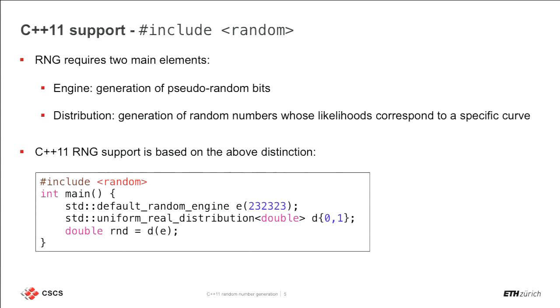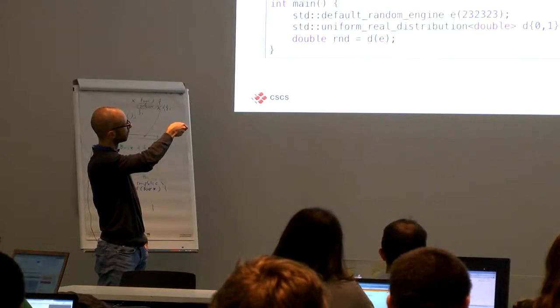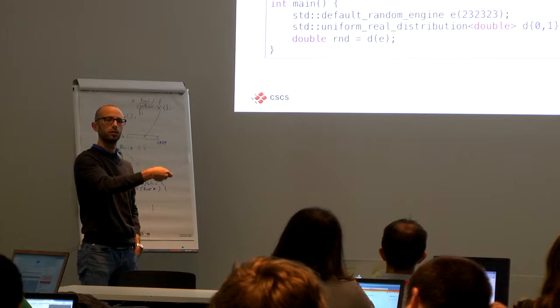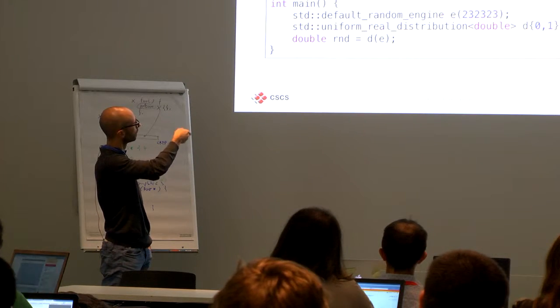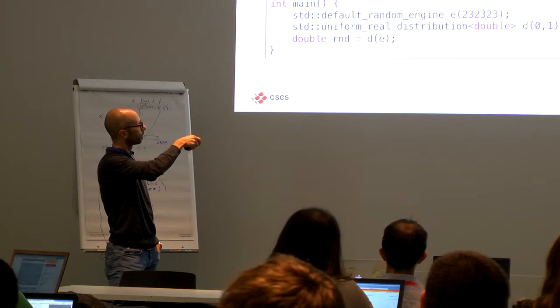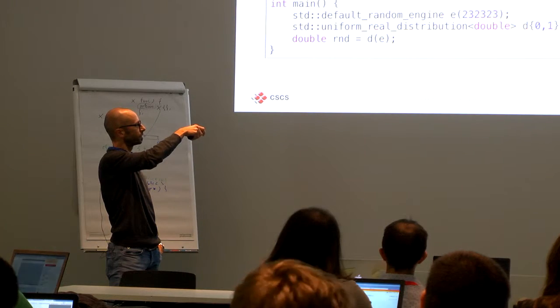If you want to translate the previous example using the new facilities provided by C++11, you will end up with something like this. You have, of course, to include the random header. Then you have to initialize a random engine, which in this case is the default random engine. Later we will see which kinds of engine are included in the standard library. Here we are using the constructor which takes in input the seed.